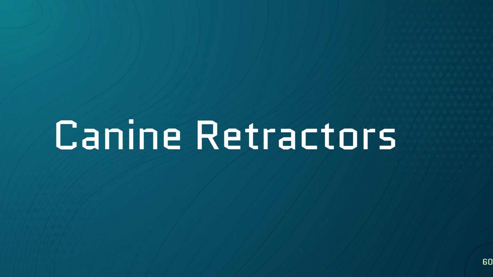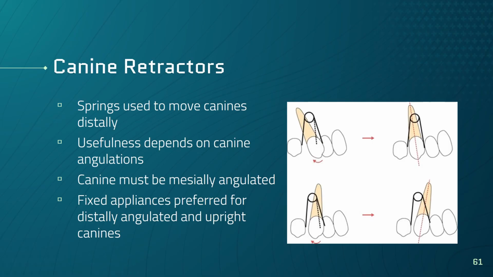Okay, the next component is the canine retractors. Canine retractors are springs that are used to move canines distally. Now, the usefulness of these retractors depends on the canine angulations. Now, for removable appliances, the canine must be mesially angulated. Now, fixed appliances are preferred if the canines are distally angulated or upright.